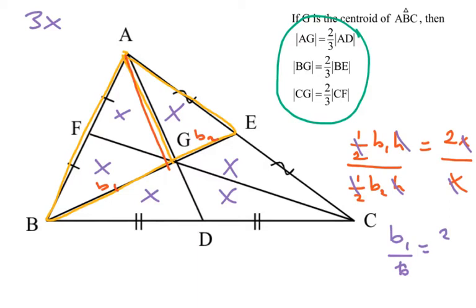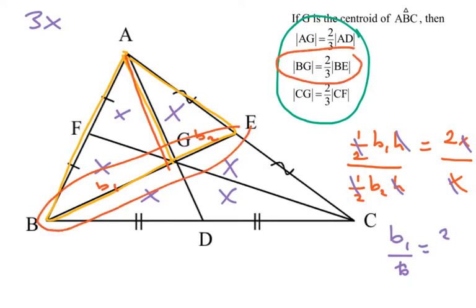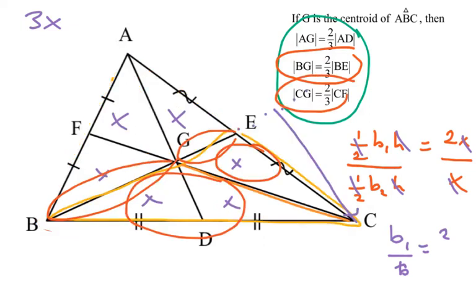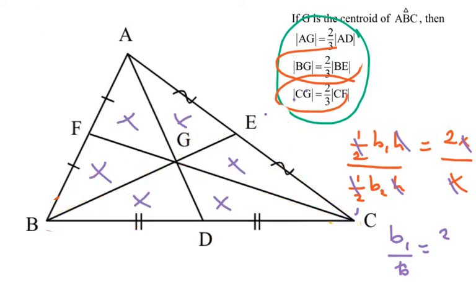If you have a look here, concentrating on BE, we can see that BG must be 2/3 of BE because they have a 2 to 1 ratio. To prove the other relationships, all we'd have to do is go around and choose different triangles along different medians.